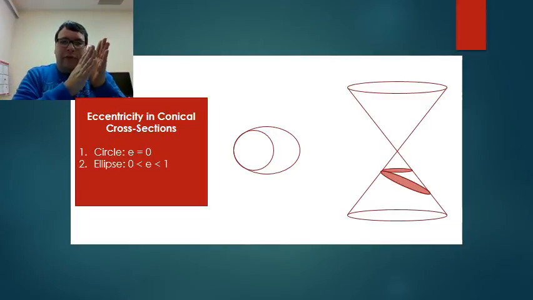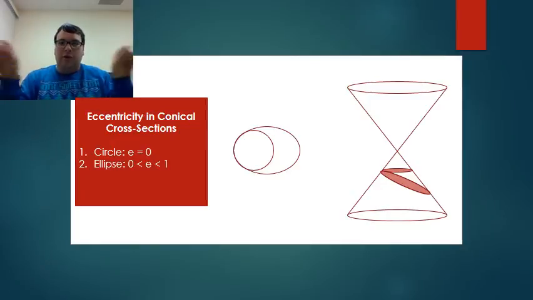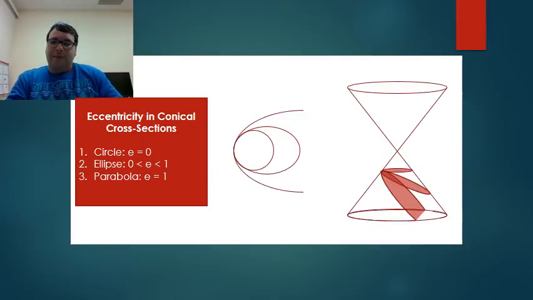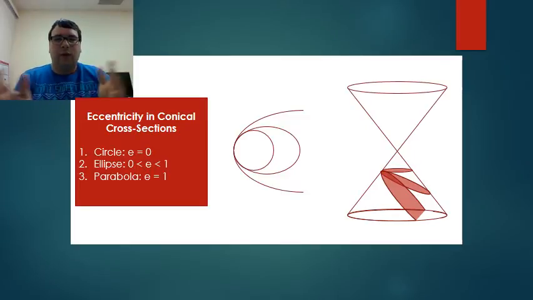Obviously, as you increase your eccentricity, getting closer to 1, you get more elongation because your foci are moving further and further away. As we start going towards a parabola, that is a very special case. It is where eccentricity is 1. Now here's what's really cool.